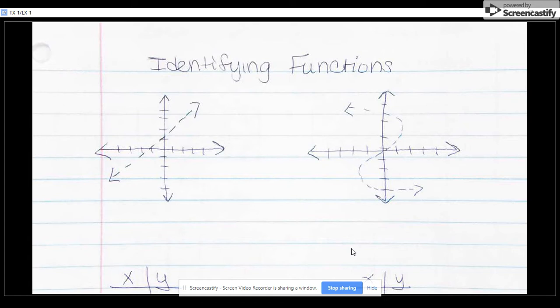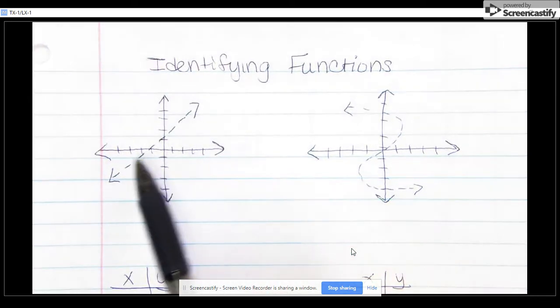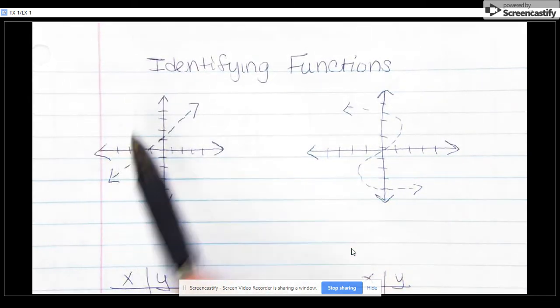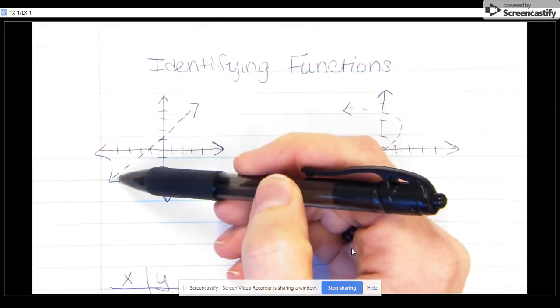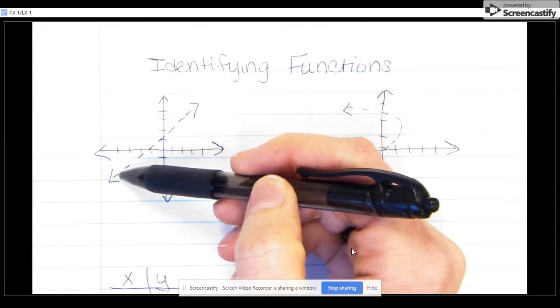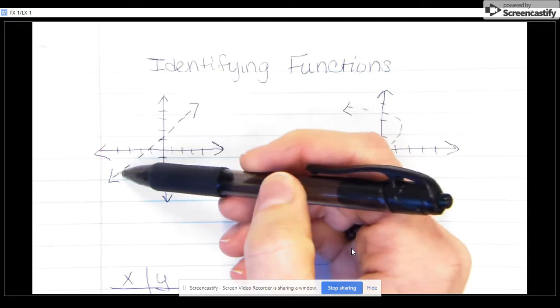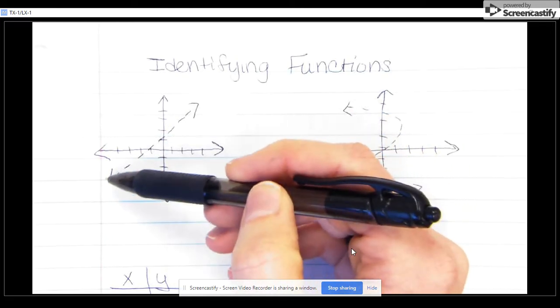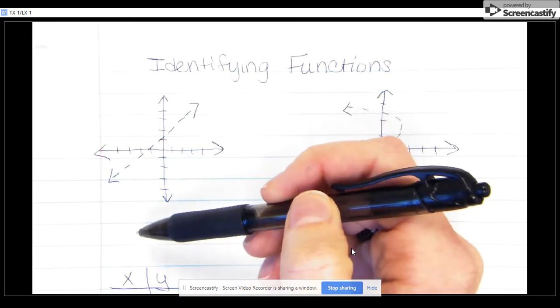So let's see how that is with a graph. Taking a look at this graph, if I follow along the x-axis, I see that this x value only has one y value with it because my point is right here. There's no other points along my dotted line with this x value.